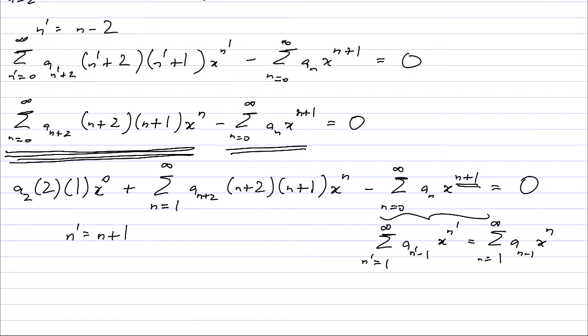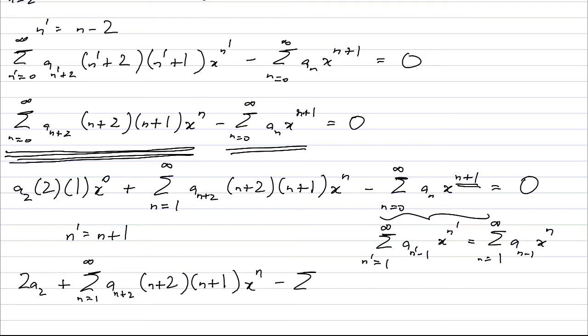So all in all I have 2a2, because x raised to power 0 is of course 1, plus the sum from n equal to 1 to infinity of a n plus 2, n plus 2, n plus 1, x raised to power n, minus the sum from 1 to infinity of a n minus 1, x raised to power n, equal to 0.